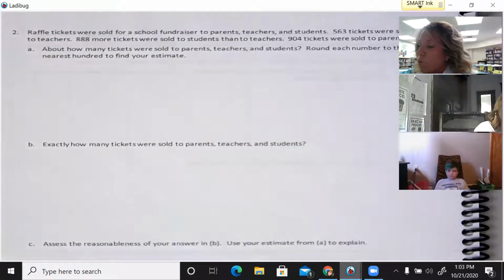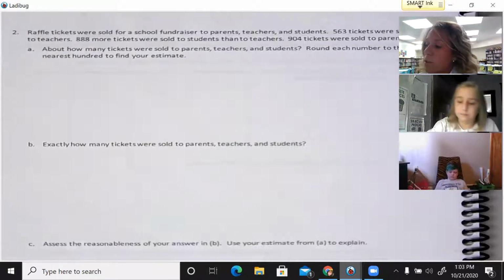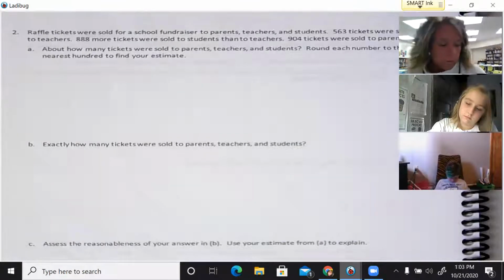Raffle tickets were sold for a school fundraiser to parents, teachers, and students. 563 tickets were sold to teachers. 888 more tickets were sold to students than to teachers. And 904 tickets were sold to parents.